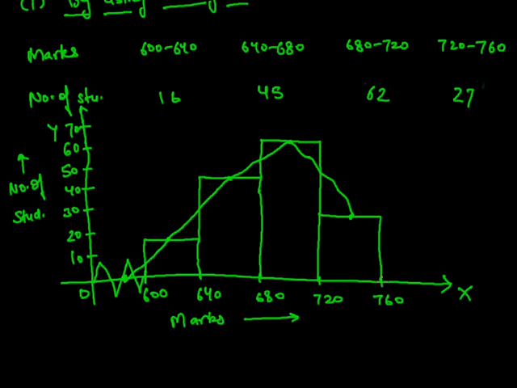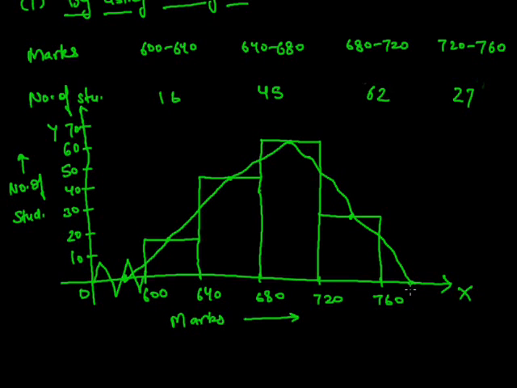We'll take the next class interval after the last class interval, that is 760 to 800. The midpoint is 780, so we'll mark 780 on the x-axis, because again the number of students is 0 here, and again we'll join this last point to 780. So this curve that we have made using lines is known as the frequency polygon curve.